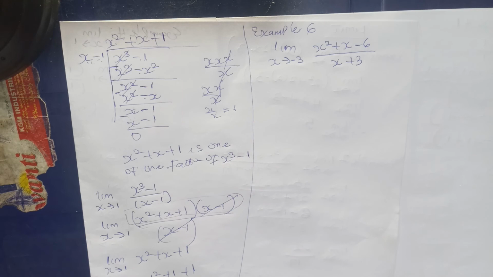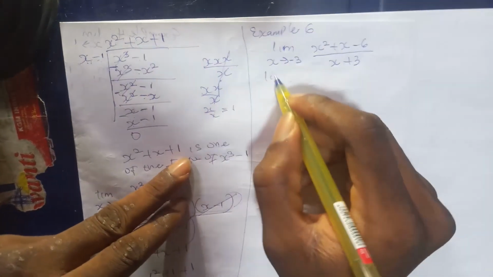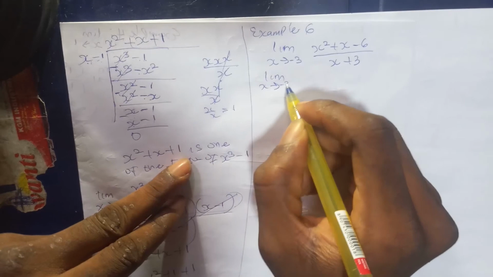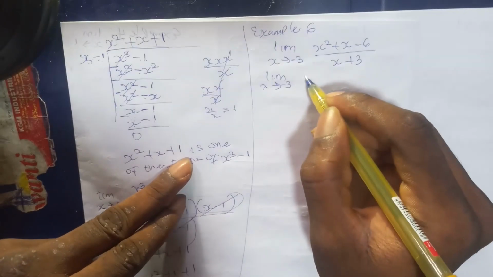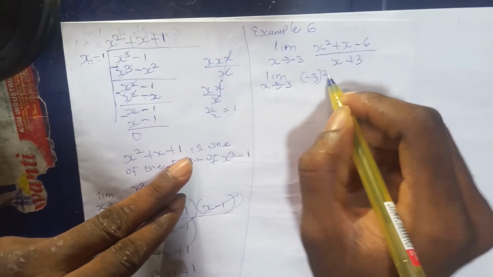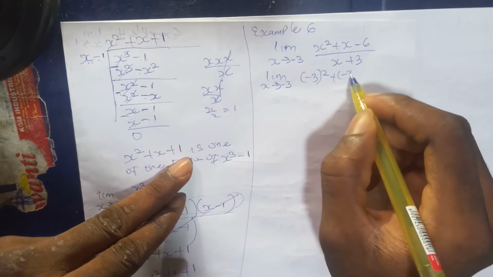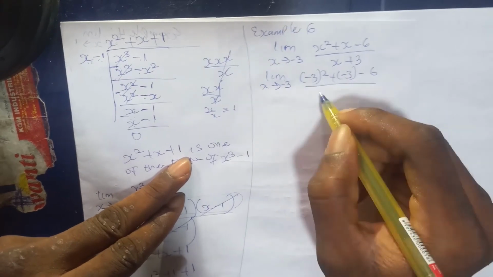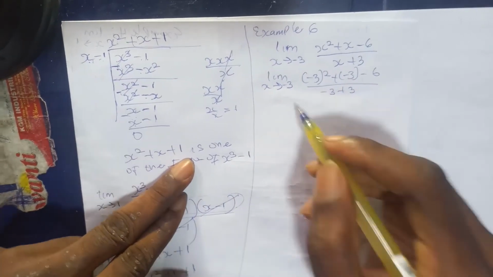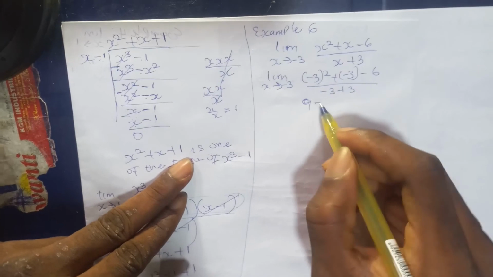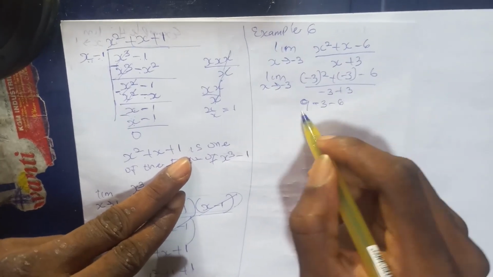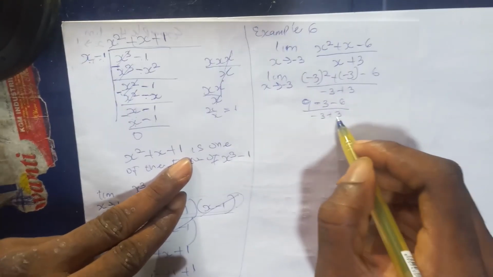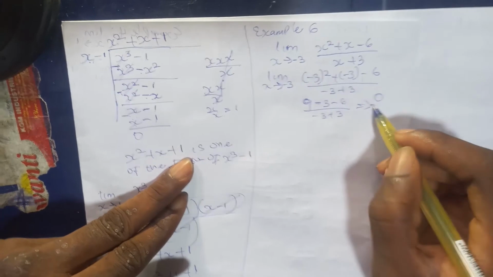If we do direct substitution, it gives us 0, so let's do that. Substitute minus 3 into x. So this will give us 9 minus 3 minus 6, which is 0 divided by 0.